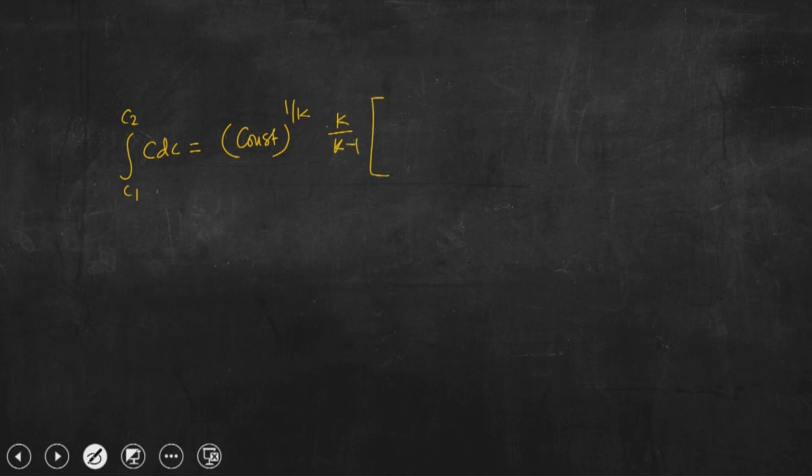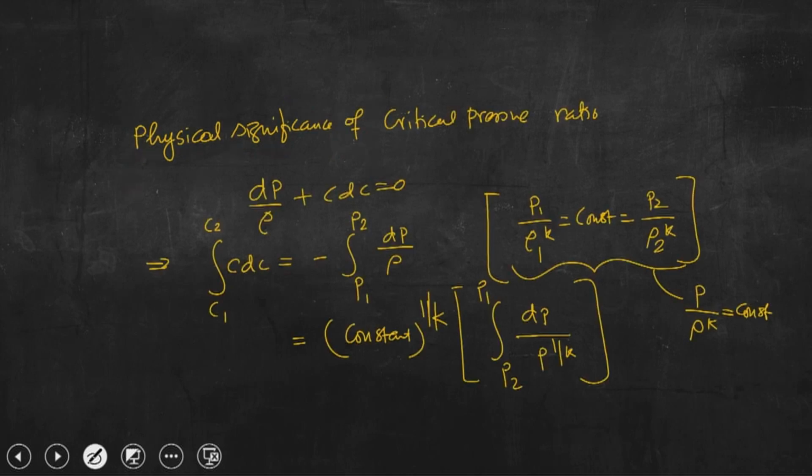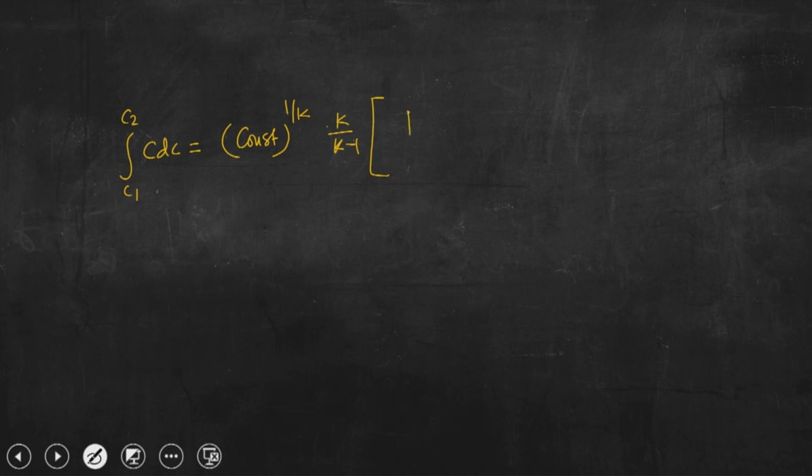If we perform that integration, we can write the integral C1 to C2 CdC equal to constant power 1 upon k into k by k minus 1, and then P power minus 1 upon k, which you have already taken into account. So, basically this is P1 power k minus 1 upon k minus P2 power k minus 1 upon k, right. What we can do next is, with k by k minus 1, take this constant power 1 upon k inside.